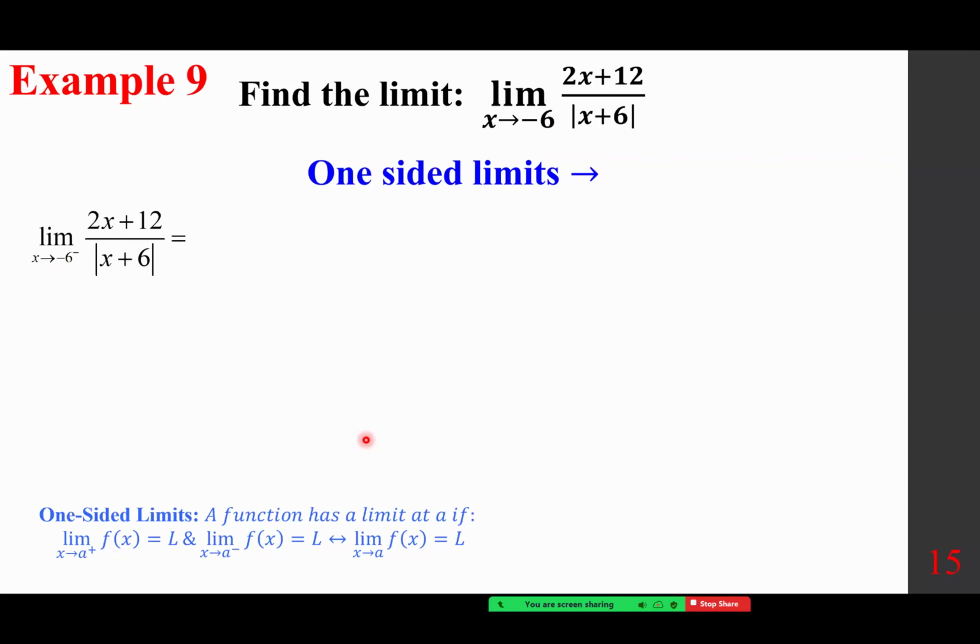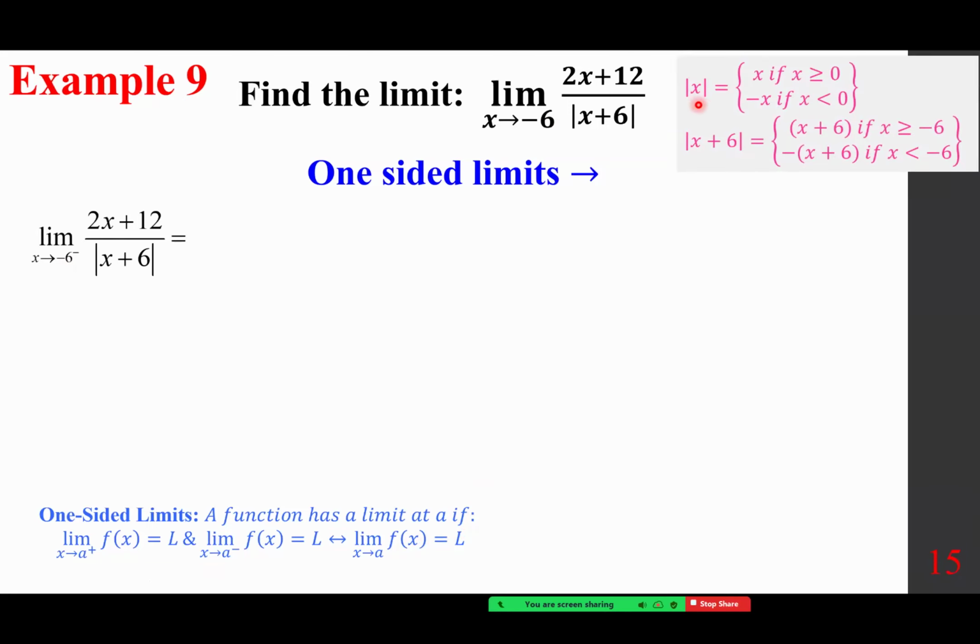I'm reminding you of the one-sided limit theorem that says the limit only exists if both sides result in the same thing, right? The second thing I want to remind you is the absolute value. Recall, absolute value of x is x if x is greater than or equal to 0, and negative x if x is less than 0.